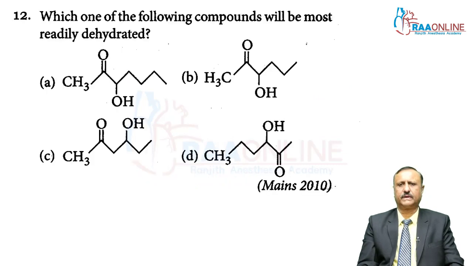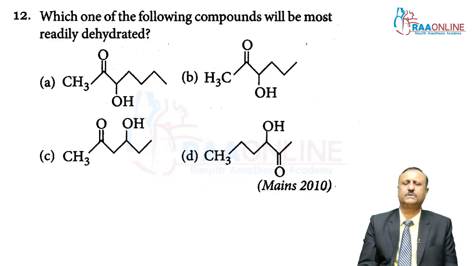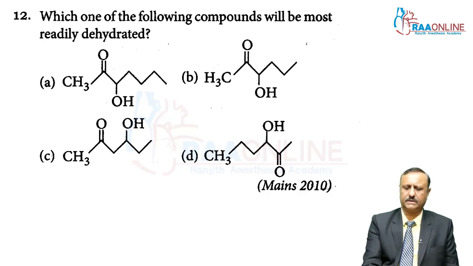Now my dear students, we can see question number 12. Which one of the following compounds will be the most readily dehydrated? It was asked in 2010 NEET exams. My dear students, for dehydration, when the OH group is gone, a positive charge is present on this carbon atom.